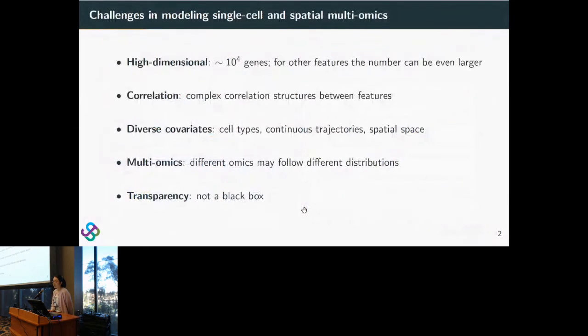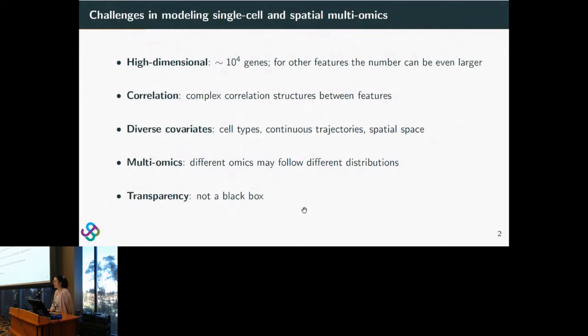We summarize some of the challenges in developing such tools and in modeling single cell and spatial multi-omics data. First is the high-dimensional problem. For example, for single-cell RNA-seq data, there are at least 10,000 genes, and for other features, this number can be even larger. These features have complex correlation structures that we want to capture in the synthetic data.